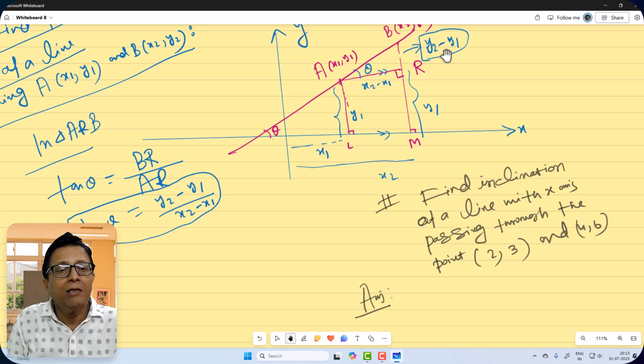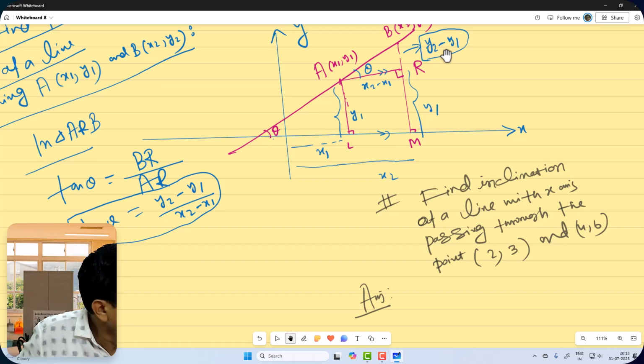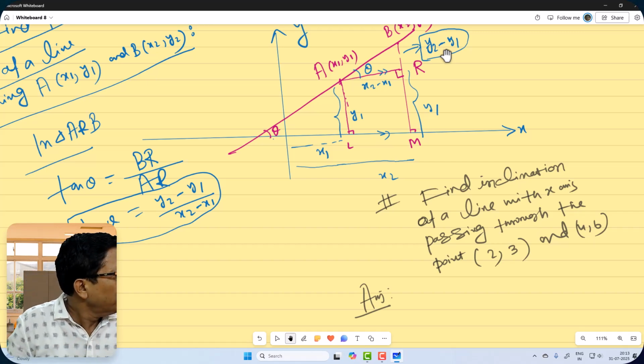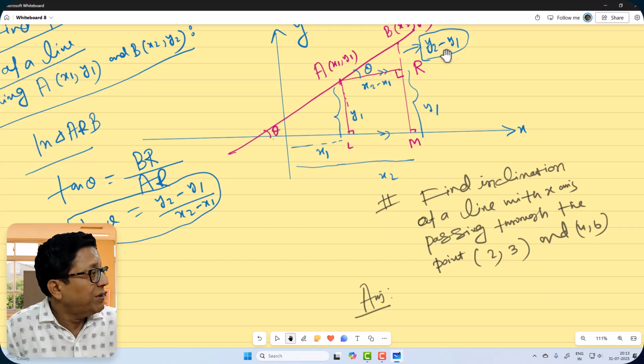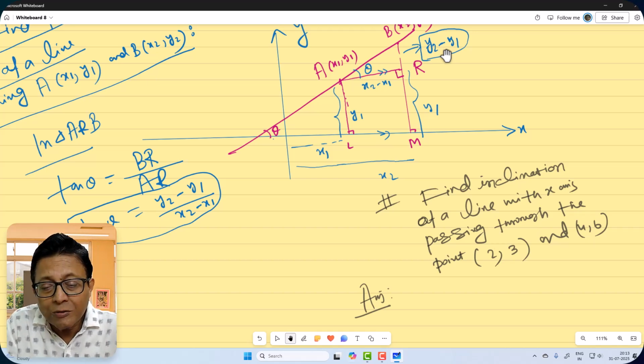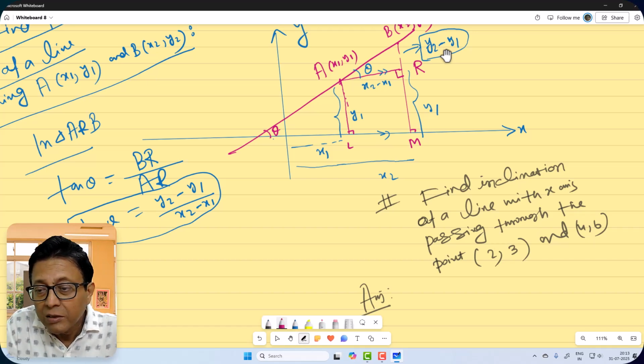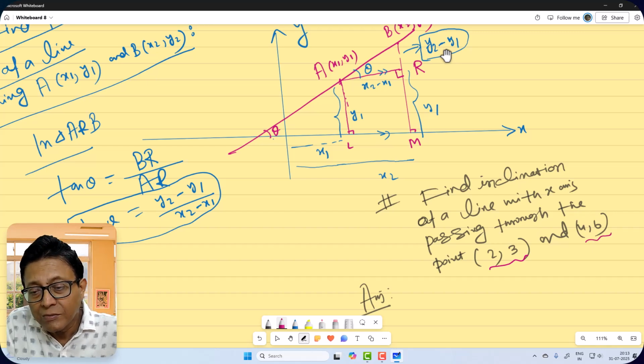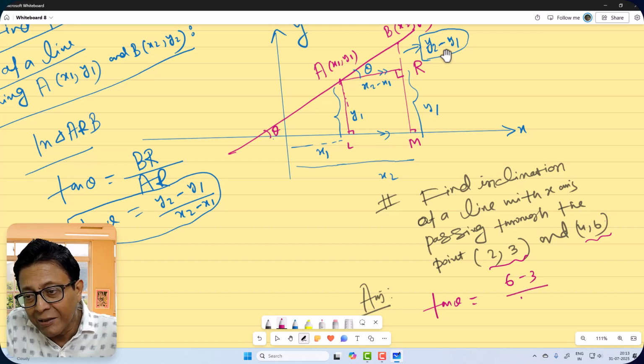So we'll find the value of tan theta from there, and then the value of theta. How to? This is your x1, y1, and this is x2, y2. So tan theta is y2 minus y1 by x2 minus x1.